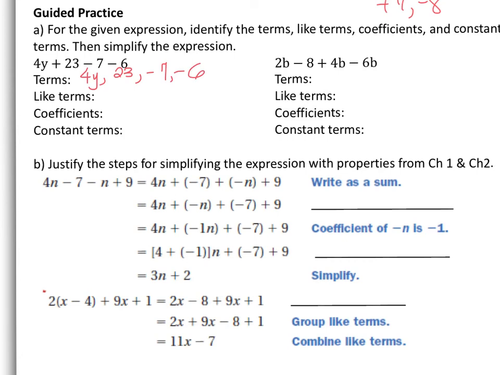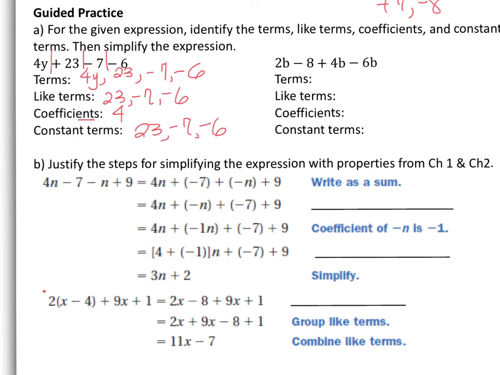So if I were you, I would just cut the numerical expression right before the positive and negative signs. And your like terms will be 23, negative 7, negative 6. Your coefficients will be 4. There's only one. Constant terms, 23, negative 7, negative 6.